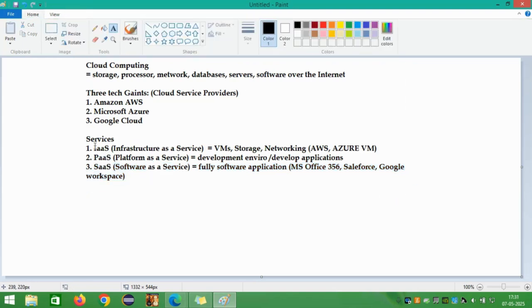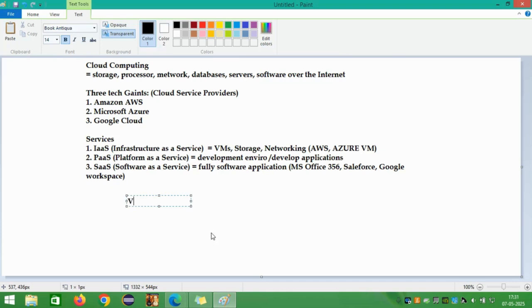Basically, all these services have an important technique as the backbone, which we call virtualization.